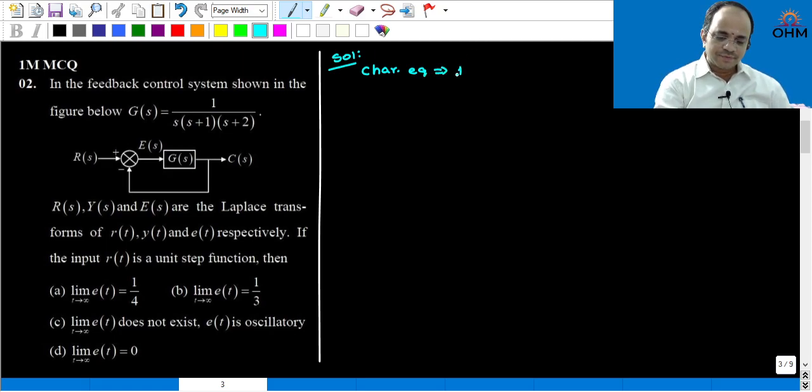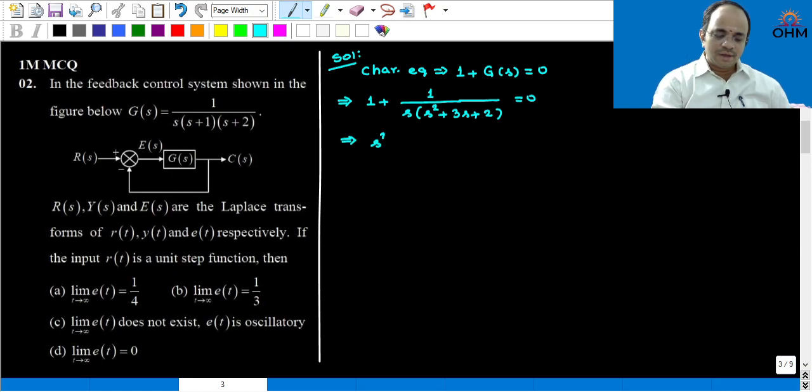So that is 1 plus G(s) equal to 0. So what is that? 1 plus 1 by s into (s square plus 3s plus 2) is equal to 0.